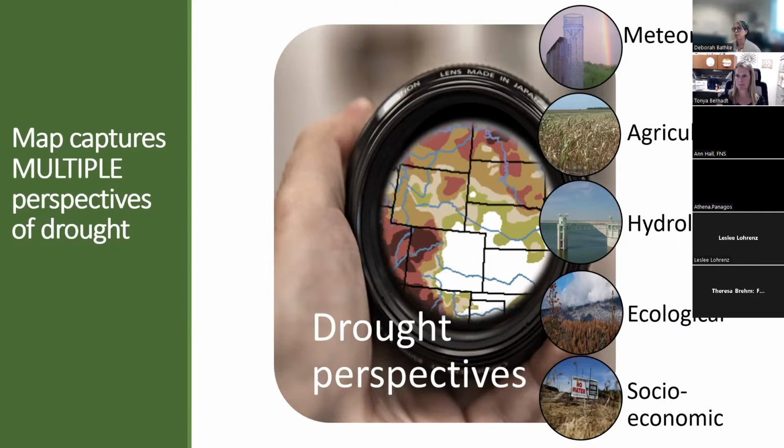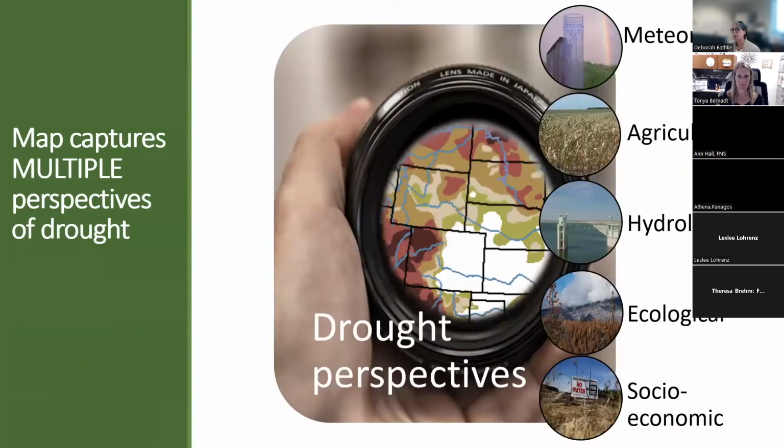You might look at it through the perspective of an agricultural producer and when you need the precipitation, or from a water supply or hydrological perspective, or for the natural environment or the ecosystem, or socioeconomic in terms of the goods and services that are affected by drought.